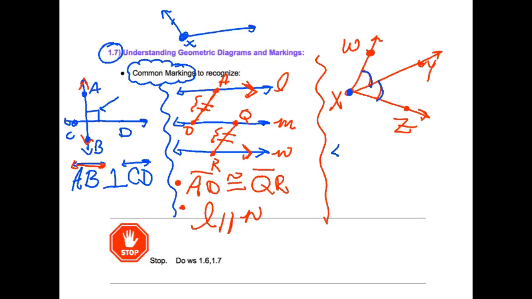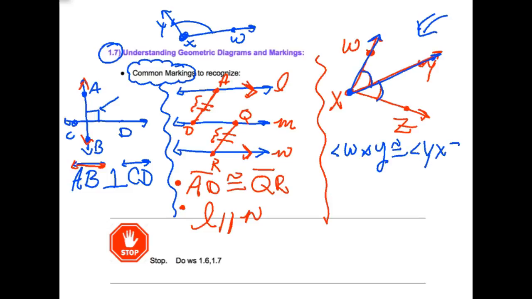So if it looks like this, I know exactly if you say, hey, look at what's the measure of angle X? Duh, of course you're going to do that one. But on my picture here, if I said, what's the measure of angle X, you wouldn't really know if I'm talking again about the top angle, the bottom angle, or the whole big thing, because they all share that vertex. So I have to specify, putting the vertex in the middle. Angle WXY would be congruent to angle YXZ. That's what I can conclude from those markings.